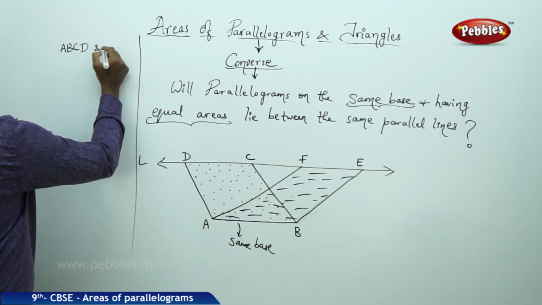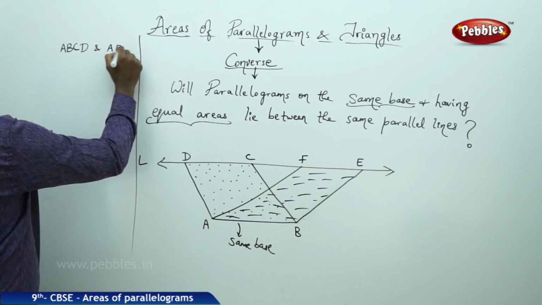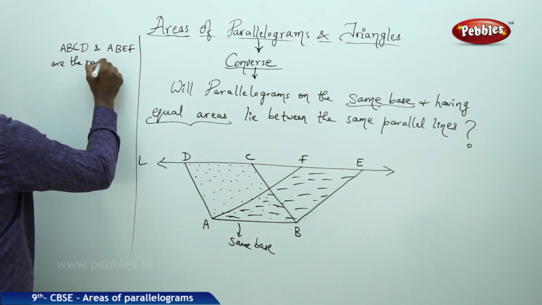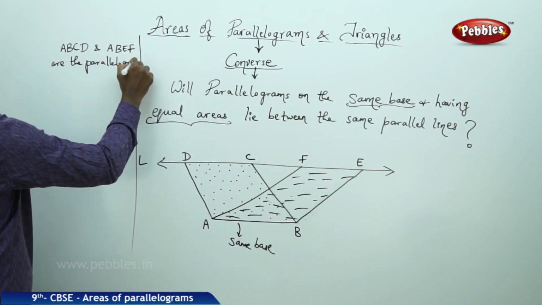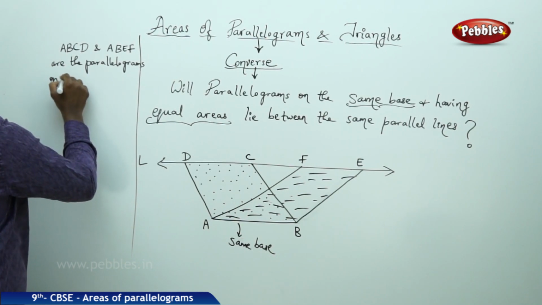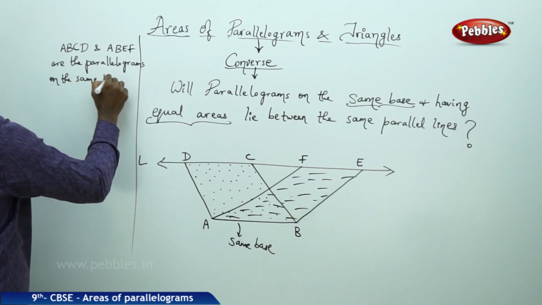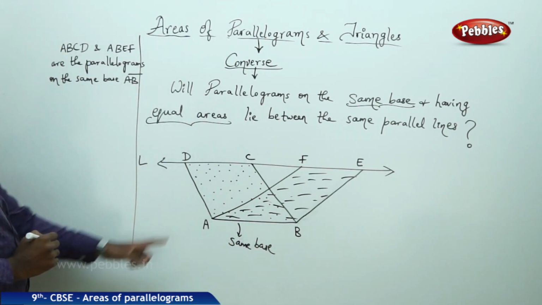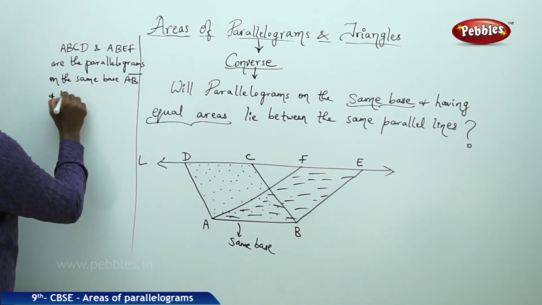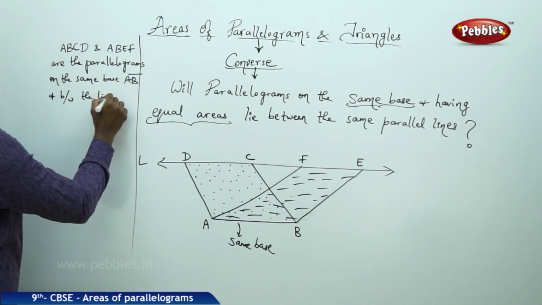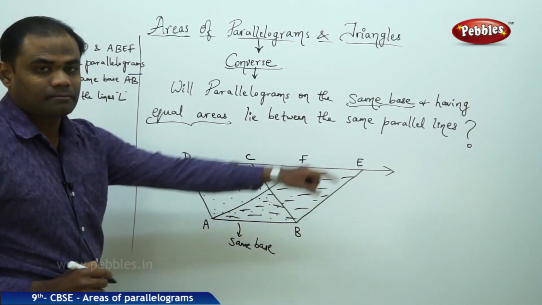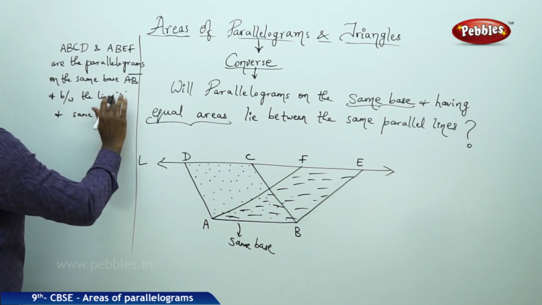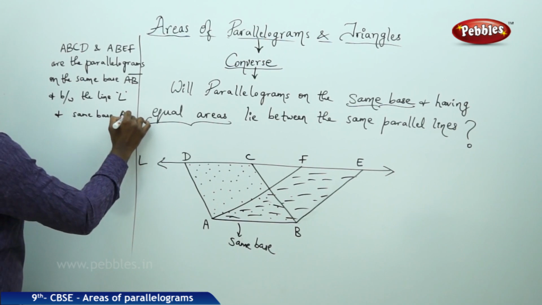So here ABCD and ABEF are the parallelograms on the same base AB, which is out here, and between the line L and the same base AB.